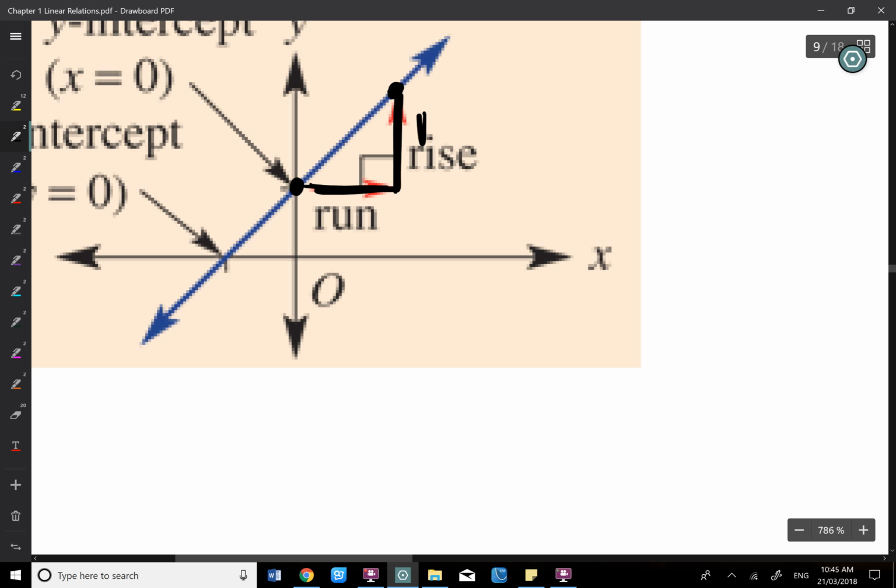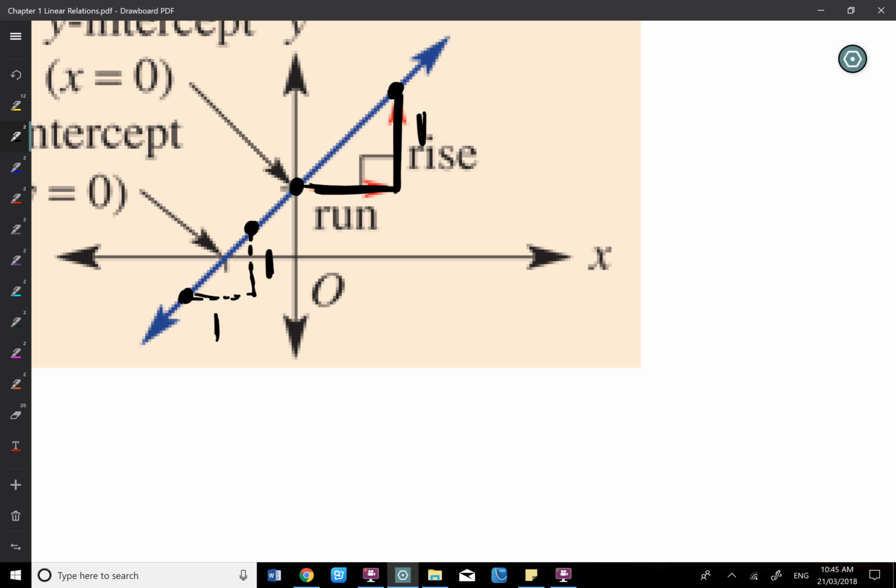Then if you choose any point here and move horizontally by 1 unit, and then you reach another point, the change in height needs to be 1 unit as well. So in the same linear, if you change the same amount in x, then you will change the same amount in y as well. So for each x change, how much y changes, we call that the gradient.